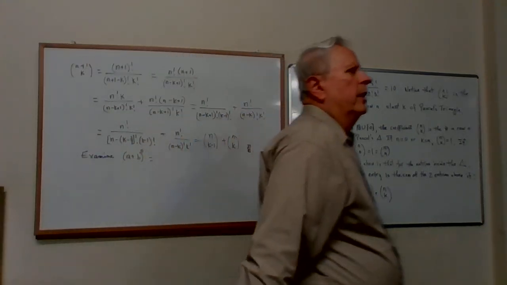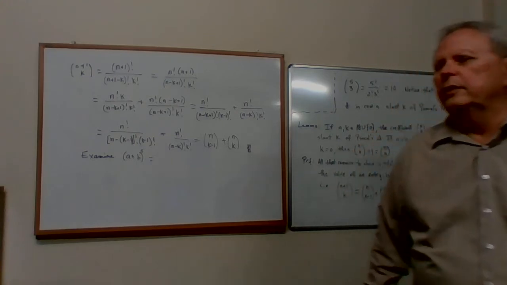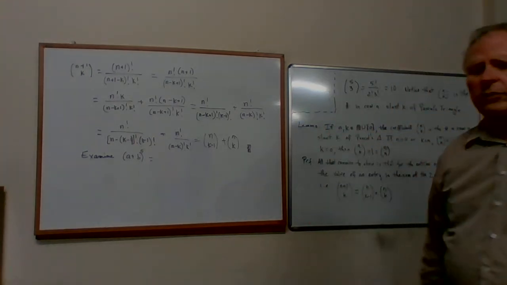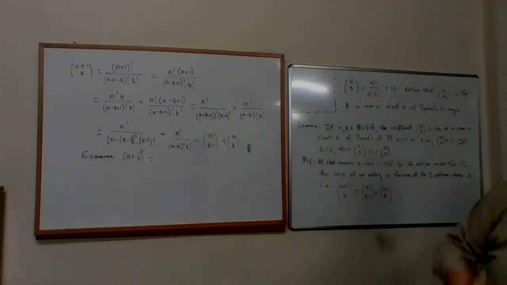Now, if I had to multiply that out, a plus b times a plus b times a plus b, blah, blah, blah, 5 times, that's not FOIL anymore. It's FOIL, oil. It's really a mess.